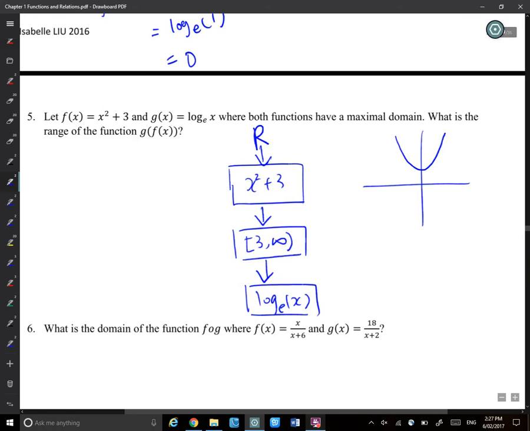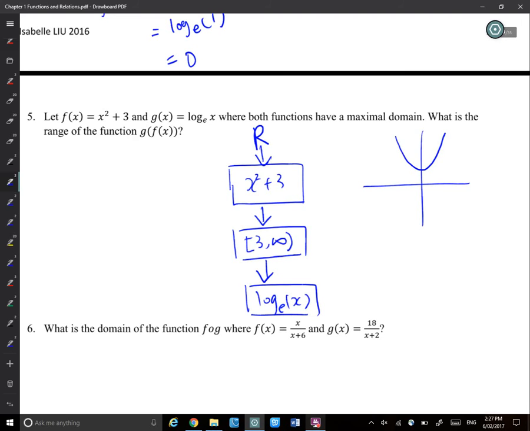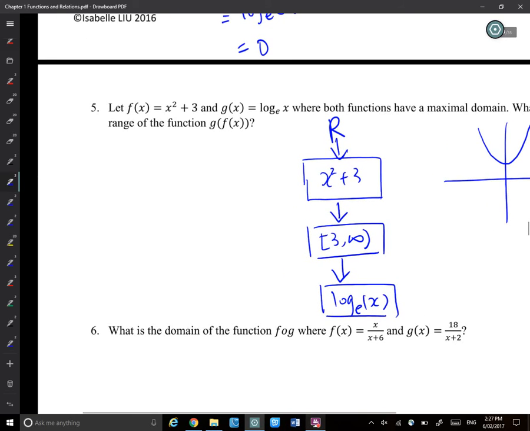Now you want to put 3 to infinity into log ex. Do you understand that? What is the range you will have? What does log ex look like?